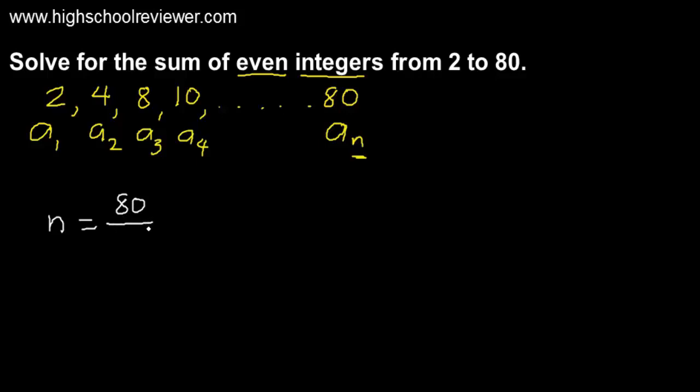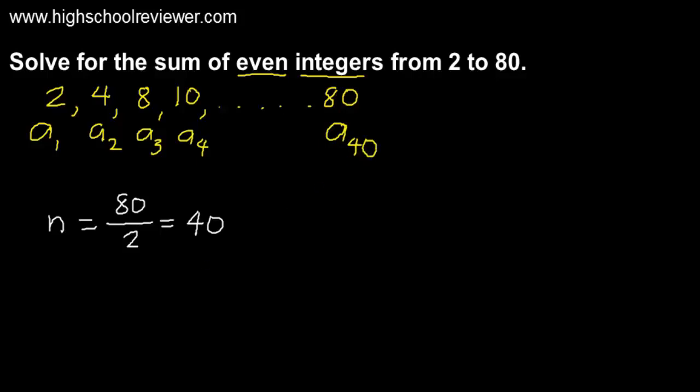So to find n, we will just divide 80 by 2. 80 divided by 2 is positive 40. This is our n. Since we now know the value of n, we can put 80 here. This 80 will now be a sub 40.